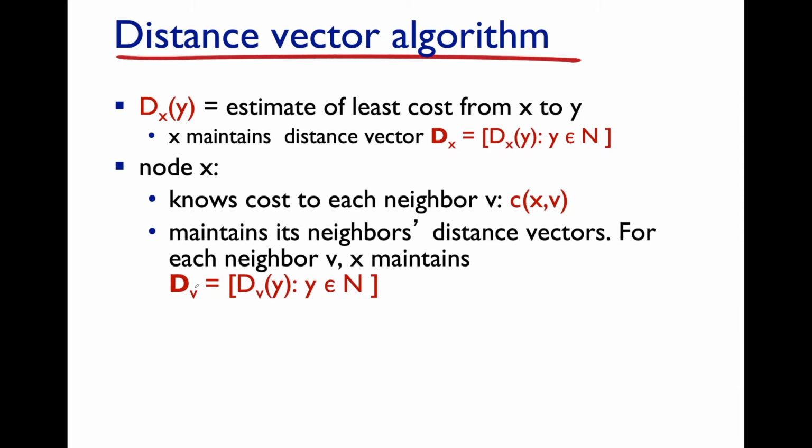So for each neighbor of X, X has a neighbor V, so here's X. Here's X's neighbors V1 and V2, for example.